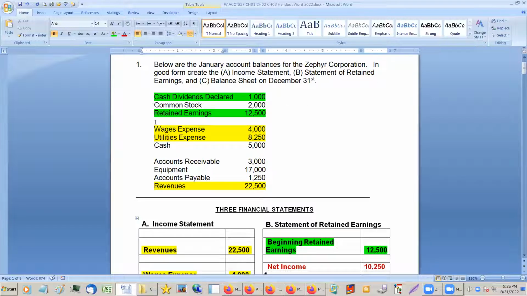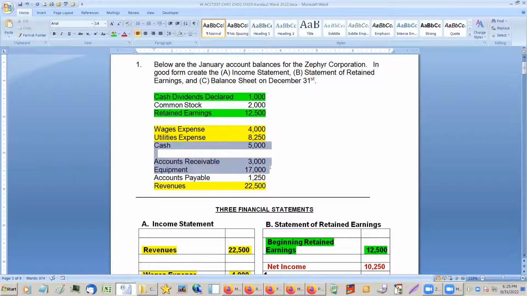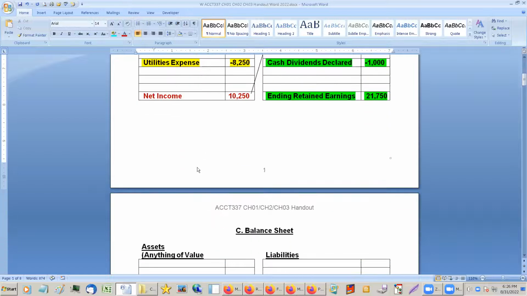Cash, equipment, and I was going to include accounts receivable. The common stock is something a little bit wacky, which I'll talk about. But these three all have value. Cash is valuable, obviously. Accounts receivable is going to turn into cash, so this 3,000 will eventually become cash. So we count that as an asset, and this equipment obviously has a value.